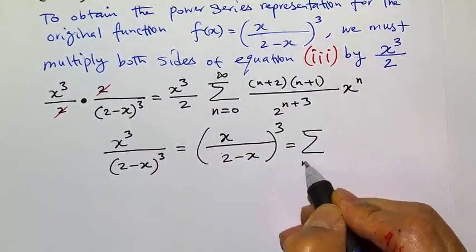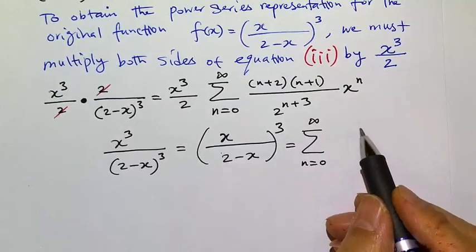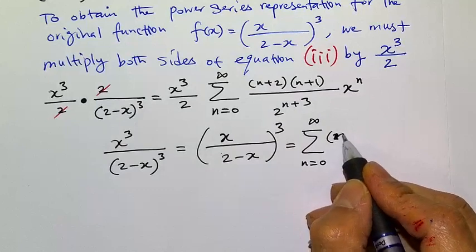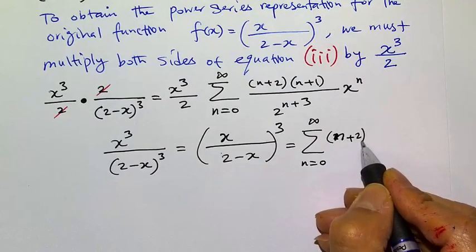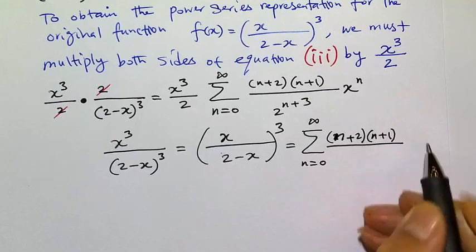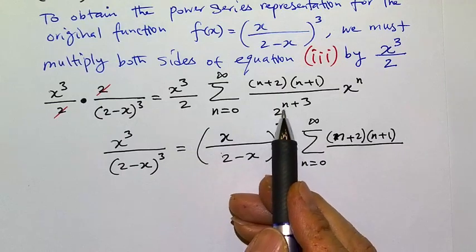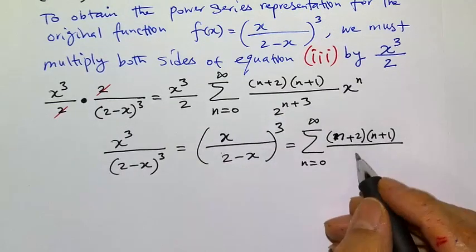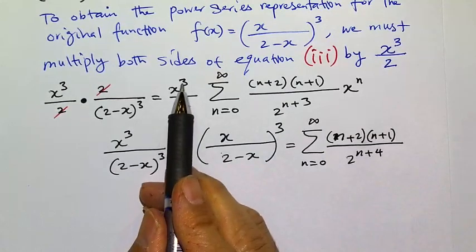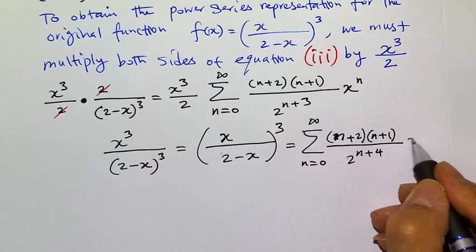So we have n going from 0 to infinity, and then these two don't change: n plus 2 times n plus 1. Because of this 2 multiplied by this, we're going to have 2 to the n plus 4 power. And because of this x cubed, we're going to have x to the n plus 3 power.